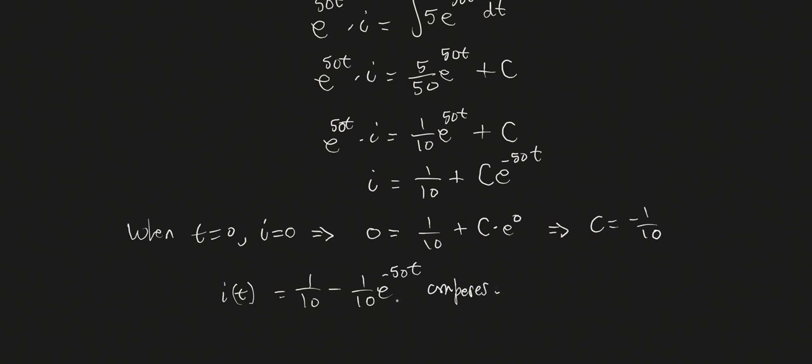Now you look at this, with such a huge negative coefficient in the exponent of the e, the term e to the negative 50t approaches 0 very, very quickly. So this component of the current decays very rapidly towards 0, and then we're left with this constant term.